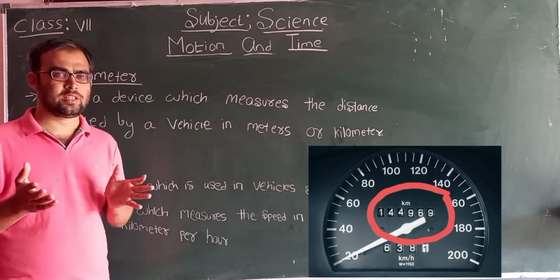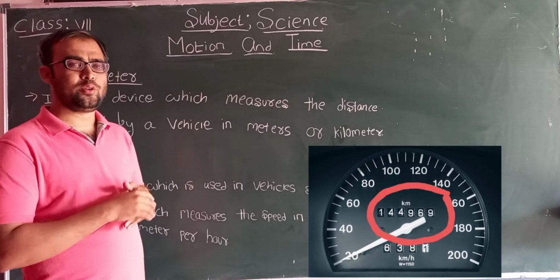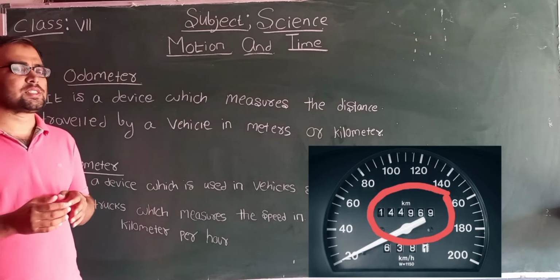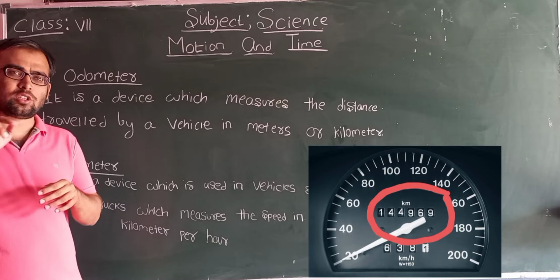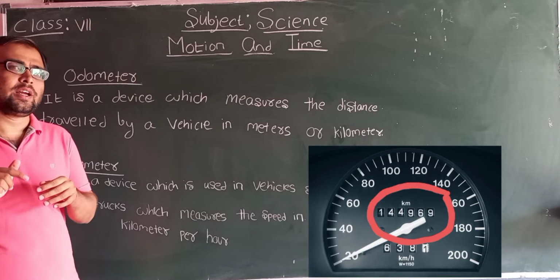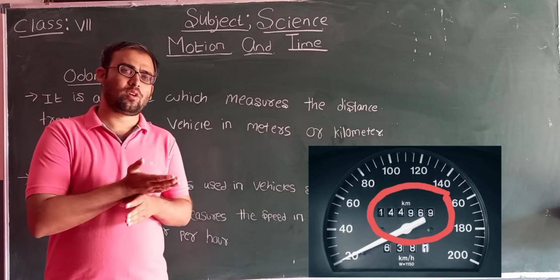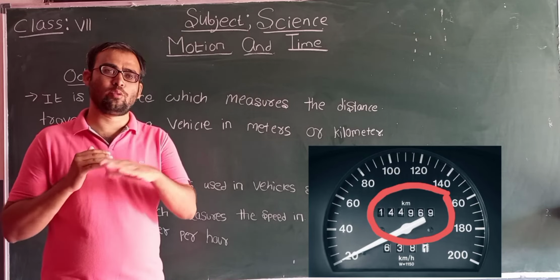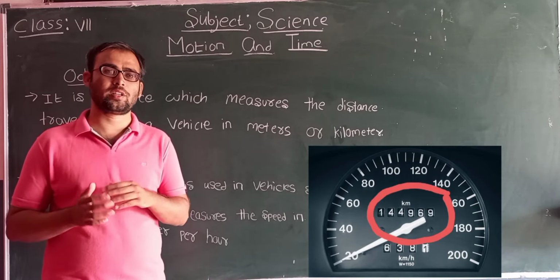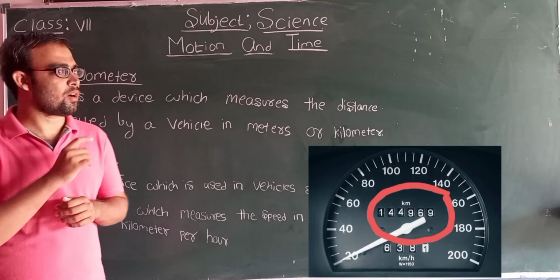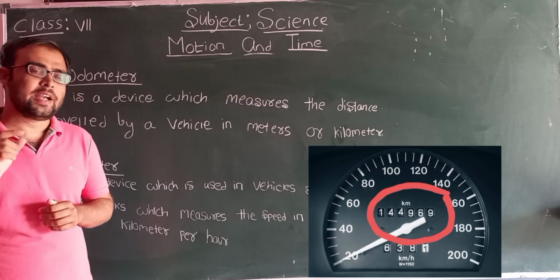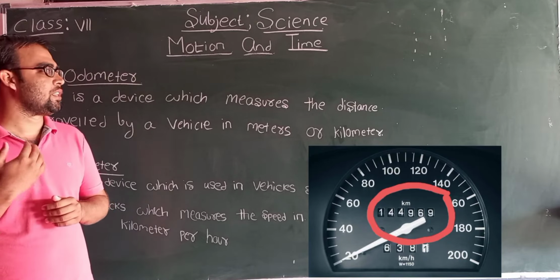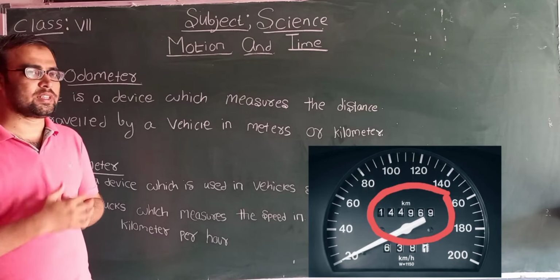I think you might have seen that whenever you take a new bike or any new vehicle, there will be a 000 reading in the odometer, and you are told to bring it for servicing after a certain number of kilometers. It is a device which tells us the distance traveled by the vehicle.